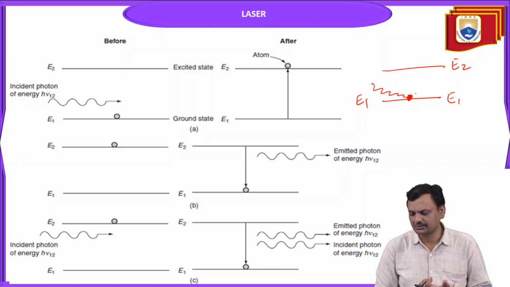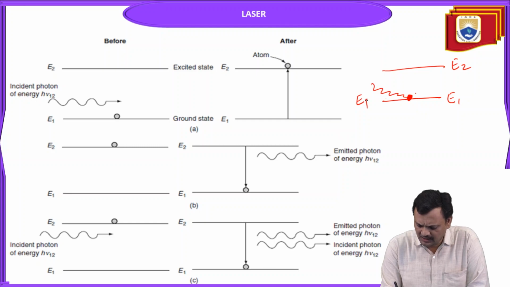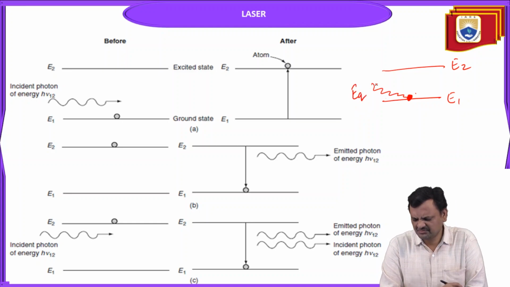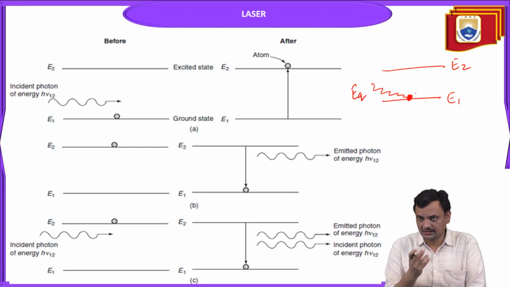Because E1 and E2 are already taken, let's suppose that external energy source has the energy value EQ.